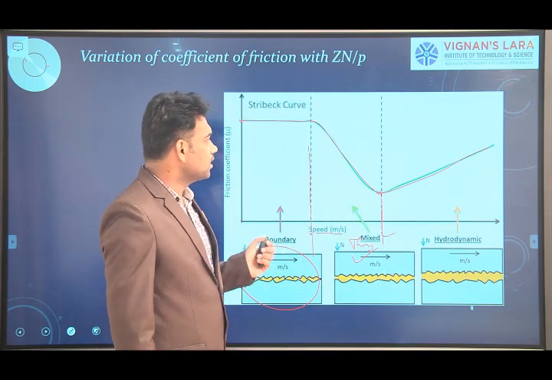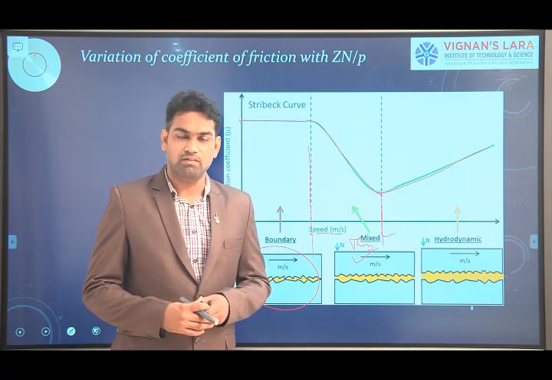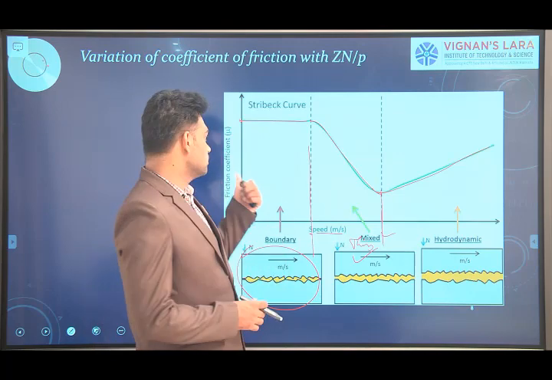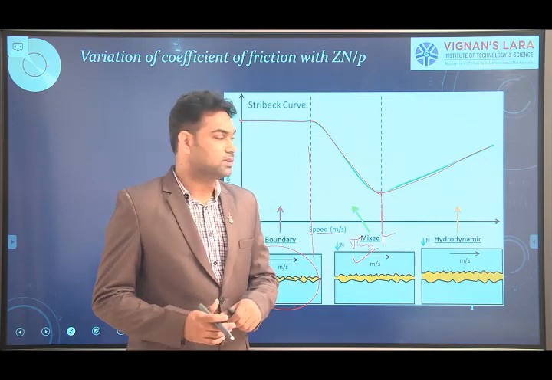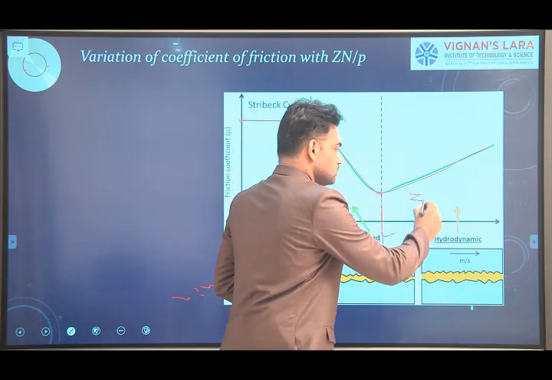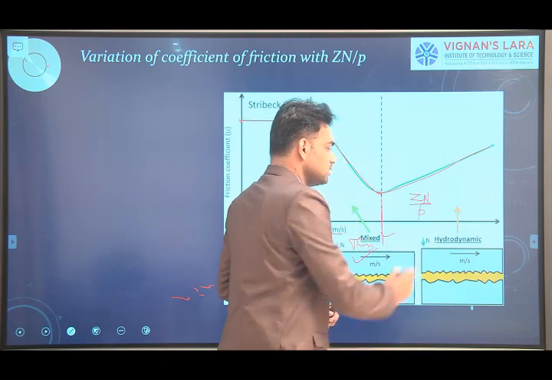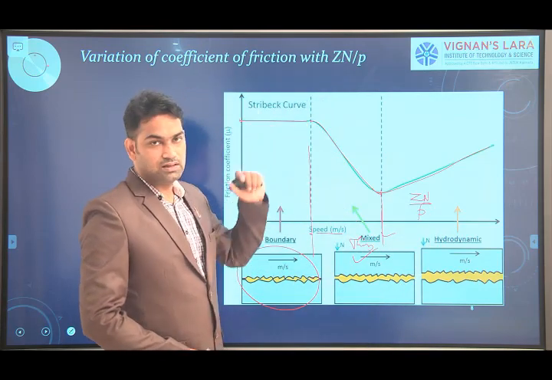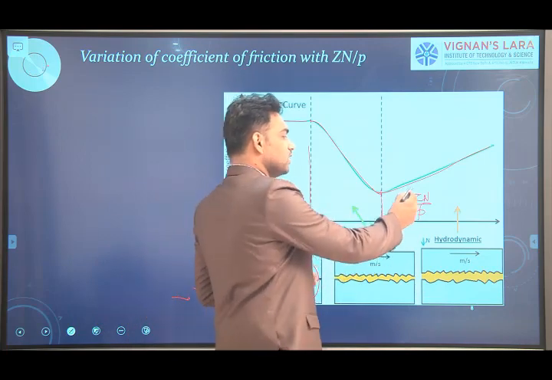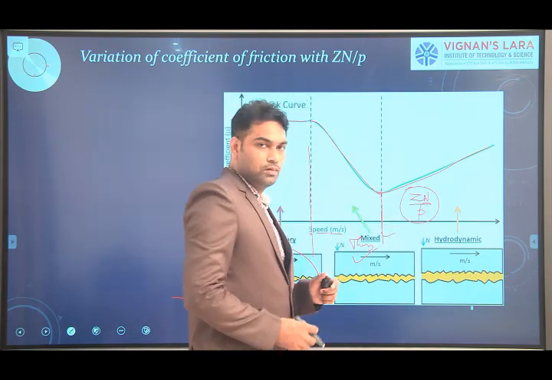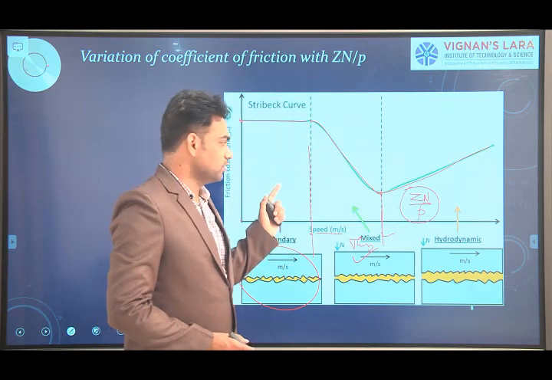This is the Stribeck curve, or Mckee's test results curve. They mentioned that the coefficient of friction may vary with respect to various working parameters like ZN by P, which we call the bearing characteristic number. Clear? With a change in any of the working parameters, the coefficient of friction will be affected.